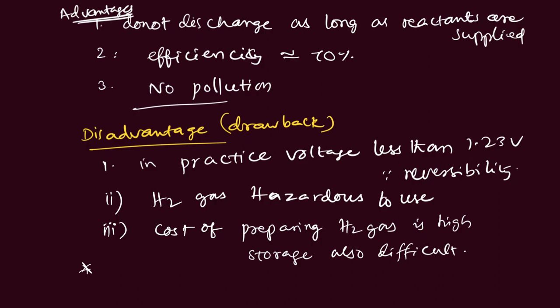And next, these fuel cells are generally used in household purposes or in space programs. Another option they may give: the produced water is a pollutant. No, because it is used for drinking purposes by astronauts. Like this, you have to remember.